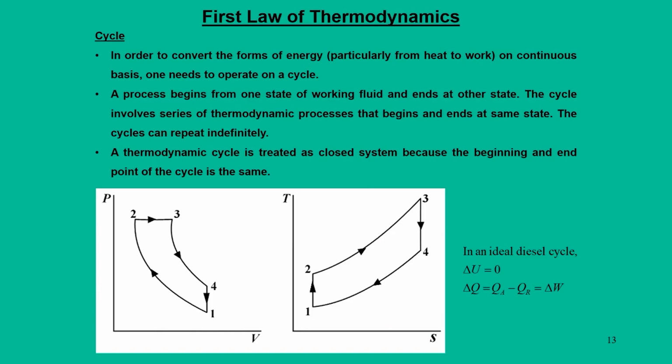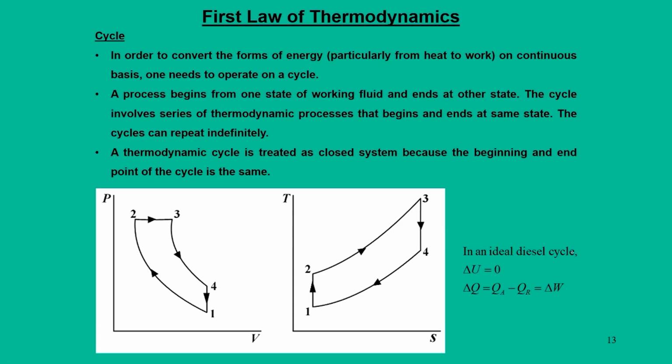Through this concept we can say that if you want to extract heat from a fuel, then we must use a working fluid that works in a continuous manner, such that this working fluid changes its state from 1 to 2 to 3, then 4, then 1, so that it forms a cycle.